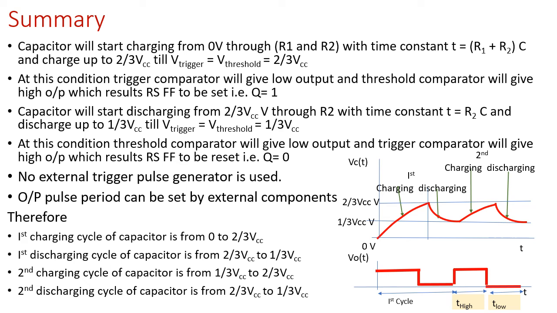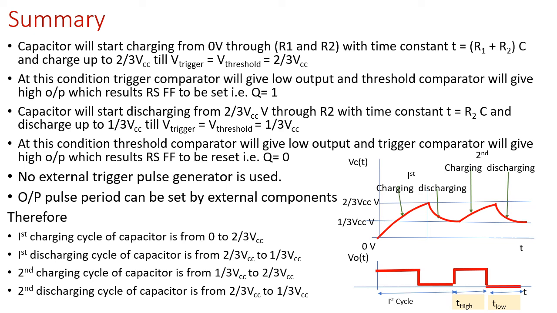In this condition, the trigger comparator will give low output and the threshold comparator will give high output, which sets the RS flip-flop, or Q equal to 1.